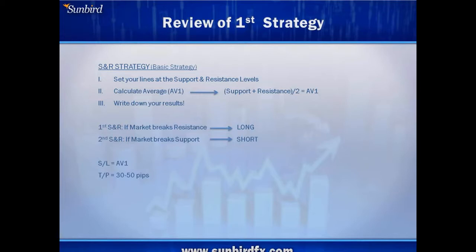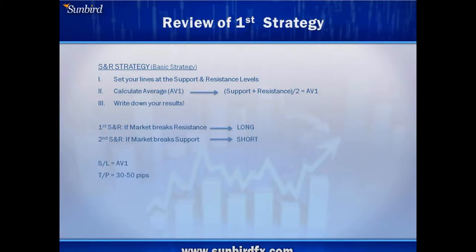How do we calculate average 1? It's the support and the resistance divided by 2, and you have the rate of average 1. Remember to write down all your results, as I specified in every webinar.